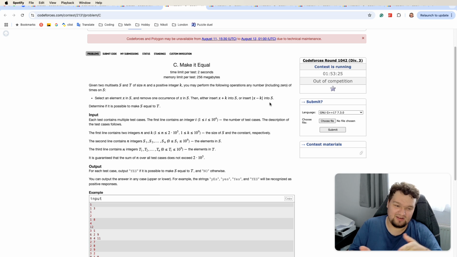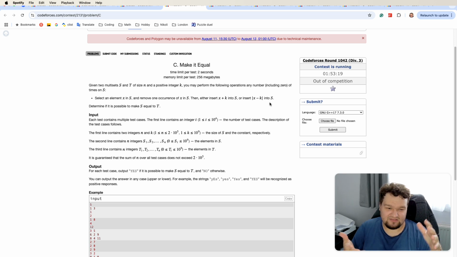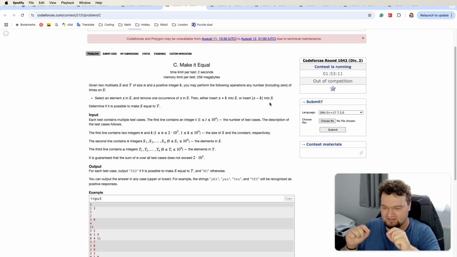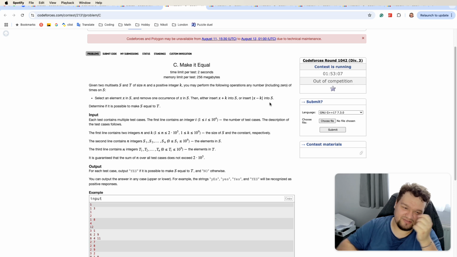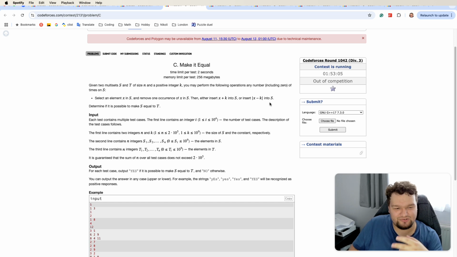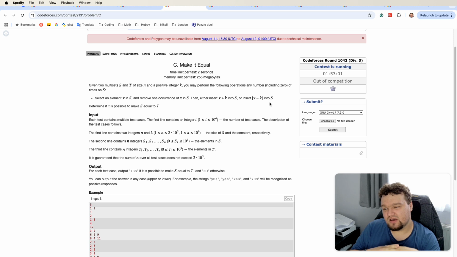It will be basically minus x modulo k, and from there we can choose any non-negative number with that remainder. So basically we don't have just one fixed remainder, we can choose between two, x and minus x modulo k.